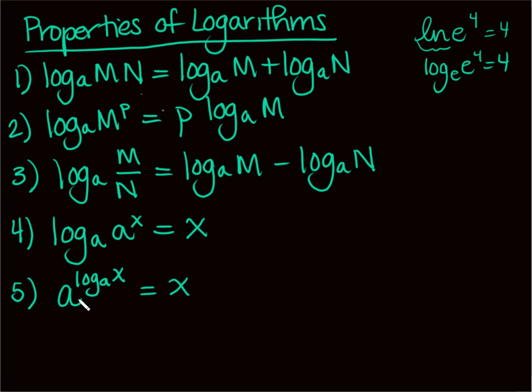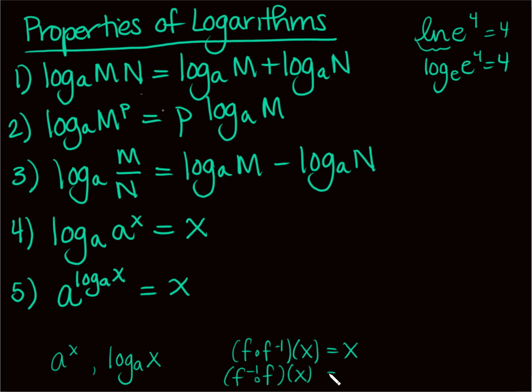That when we compose them, they undo each other. So these last 2 properties are just properties of inverse functions. If I compose these functions, so if I take this one and plug it into the x, what do I know? They're going to undo each other. So really, these last 2 are just properties of inverses. I hope that makes sense. These should be pretty simple.